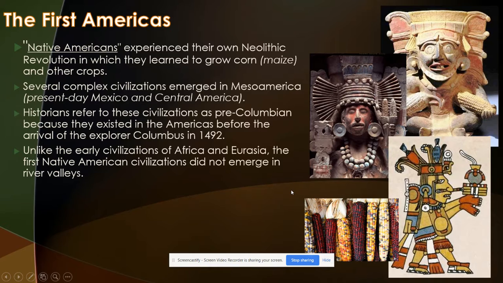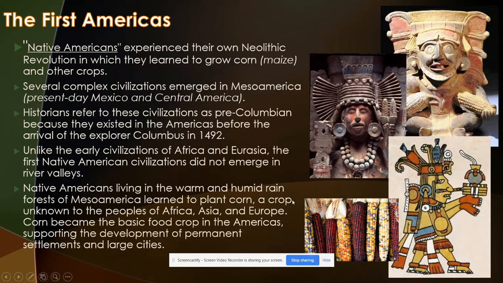So they're not like the original 4 river valleys. Some of these groups developed along the Yucatan Peninsula and the valleys of Mexico. Native Americans living in warm, humid rainforests of Mesoamerica learned to plant corn, a crop unknown to the people of Africa, Asia, and Europe. Corn became the basic food crop in the Americas, supporting the development of permanent settlements and large cities.